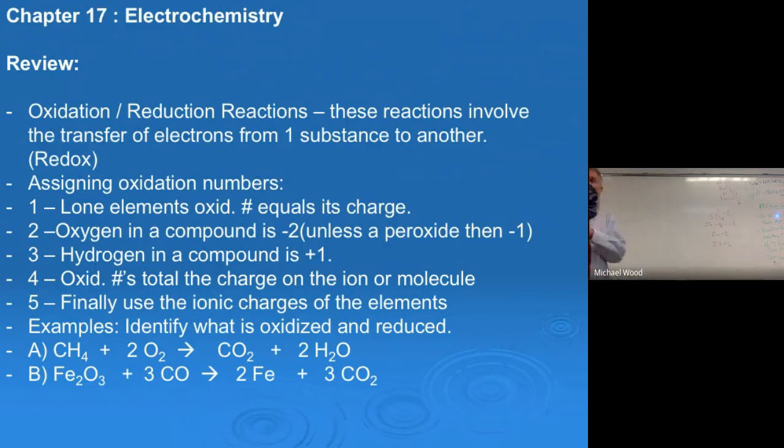Okay, so assigning oxidation numbers. How about if we've got nitrogen trioxide, no charge? The oxidation number for oxygen, again, is -2. What is nitrogen? Well, because it does not have a charge, it needs to total 0. The oxidation numbers in a compound or an ion always need to total the charge.